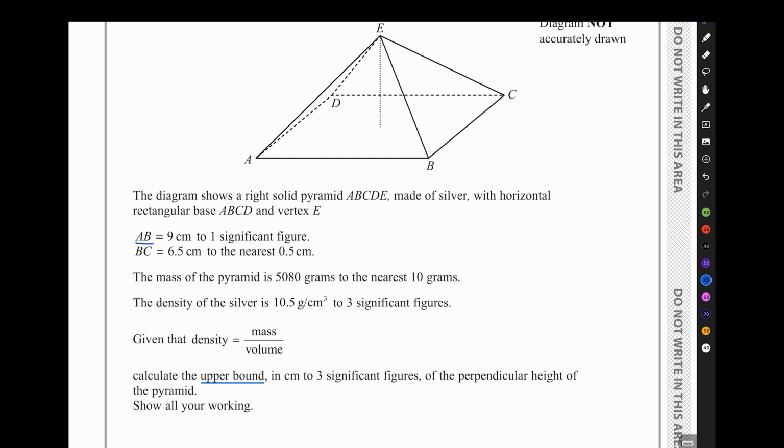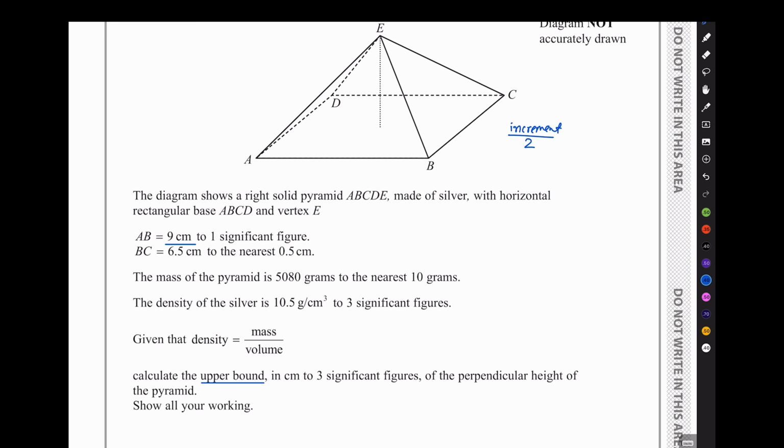For AB, the length is given as 9 centimeters to one significant figure. What's the next digit going to be? It's 10, then 11, 12, 13. So what's the increment? By what number is this increasing? By 1. The rule is you should do increment divided by 2.